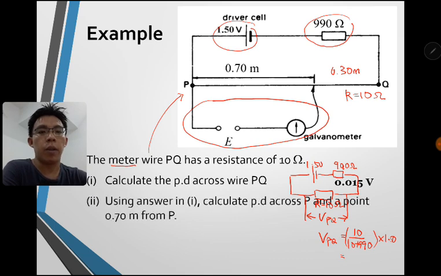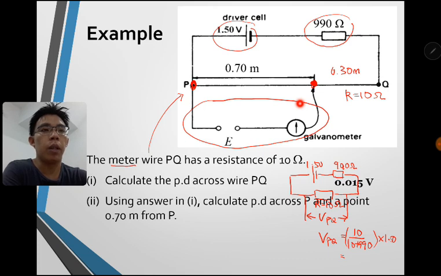Second question, using your answer in 1, calculate the PD across P and a point 0.7 meter from P. Across P and a point 0.7 meter from P, which means these 2 points here. Still we do not need to look at the part of the circuit below here.